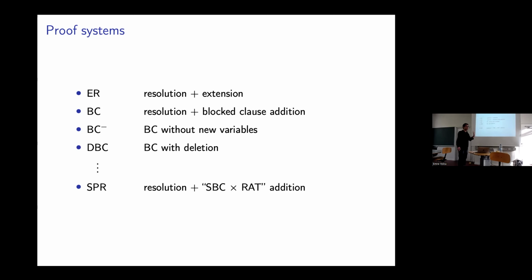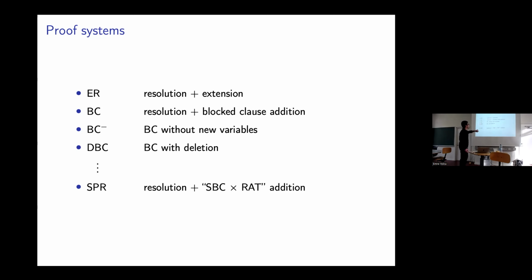So if I have something like X or C, and X doesn't occur in the formula, and not X doesn't occur in the formula, then there's nothing to check. So X or C is immediately a block clause, and I can derive it in this BC system, but not in this BC minus system.